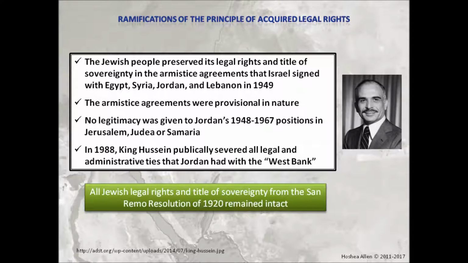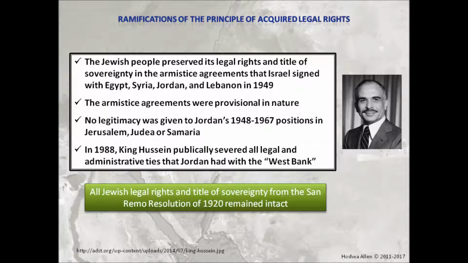And to top it off even more, in 1988, King Hussein of Jordan publicly severed all legal and administrative ties that Jordan had with what he called the West Bank. So from the point of view of international law, all Jewish legal rights and title of sovereignty from the San Remo Resolution of 1920 remained intact even after the armistice agreements were signed after the War of Independence.